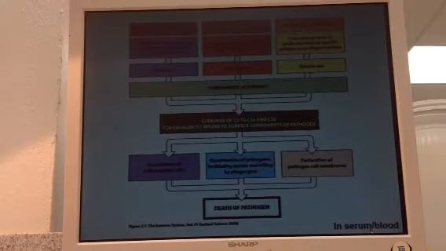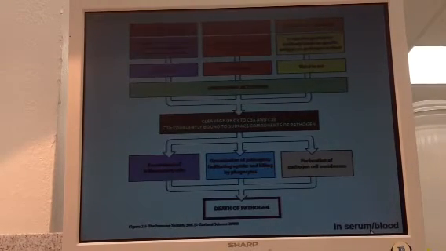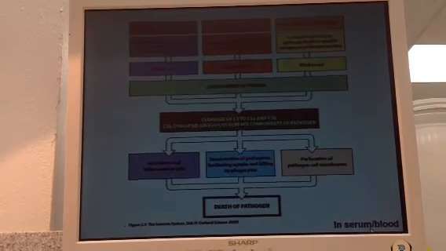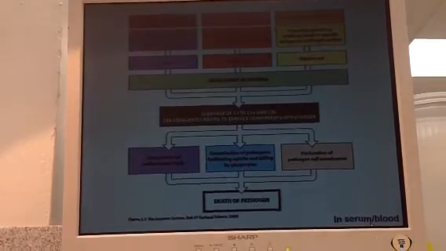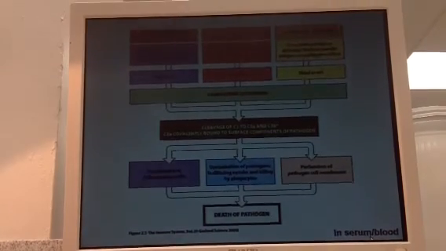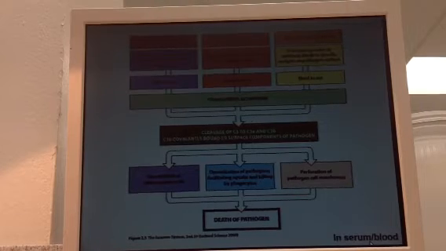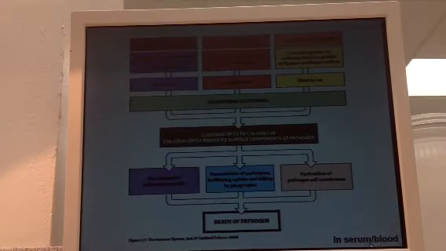You get C3b going. You get lectin binding from the mannose binding proteins. These are the acute phase proteins. You get either C-reactive protein or antibody complexes to get the classical pathway going through C1.